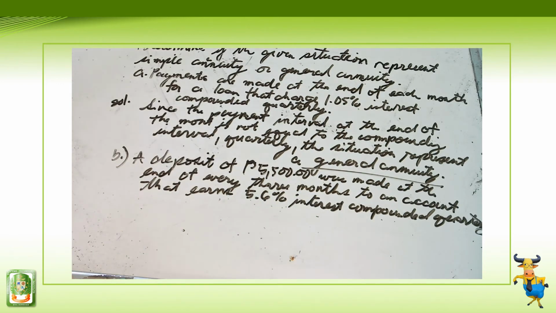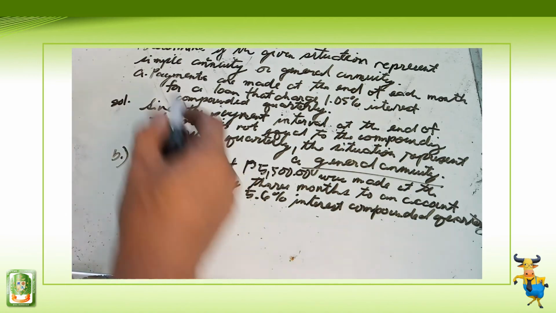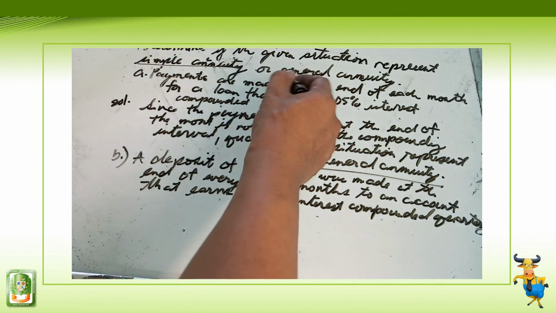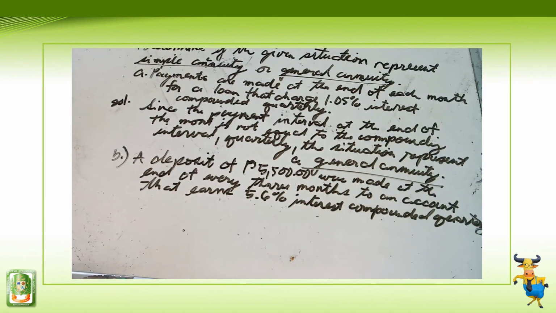So, how can you identify whether it is a simple annuity or general annuity?